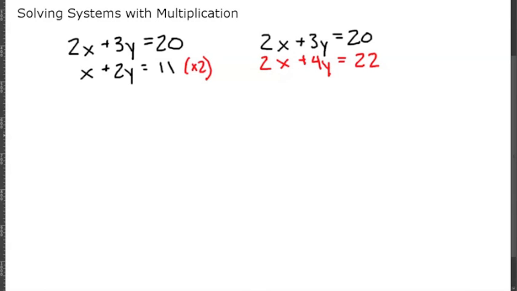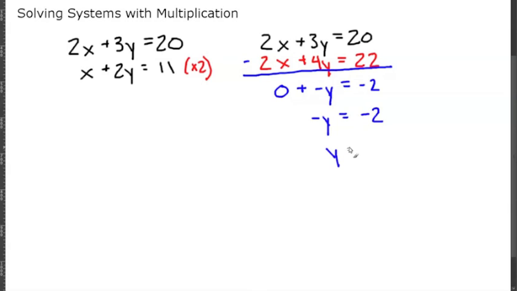Now all we need to do is subtract the two equations. 2x minus 2x is 0x, which is just 0. 3y minus 4y is a negative 1y. And 20 minus 22 is a negative 2. So we can say that negative y equals negative 2, or y equals 2.